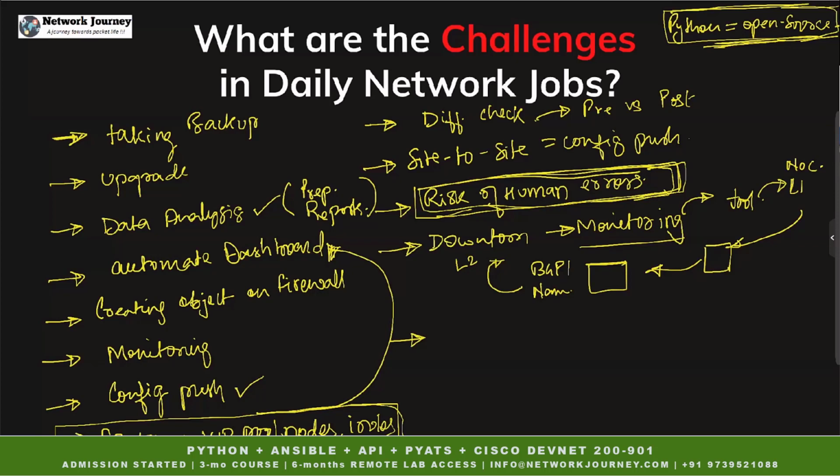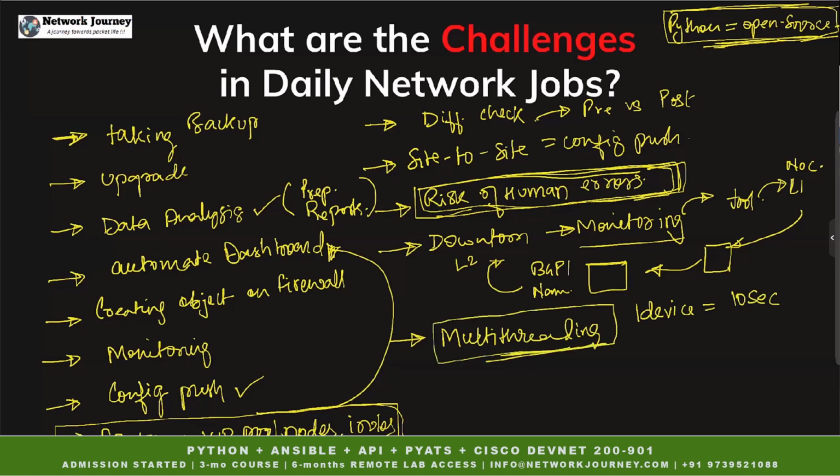There is a concept in Python called multi-threading, which reduces the elapsed time. Say, for example, if one device takes 10 seconds for the execution, by introducing the concept of multi-threading, you can run, say, 50 devices all in 10 seconds.